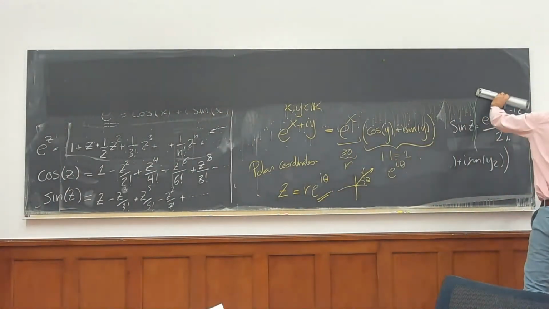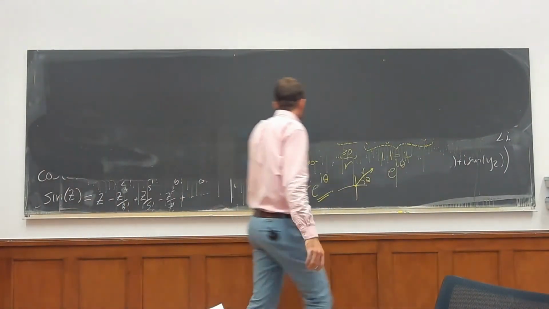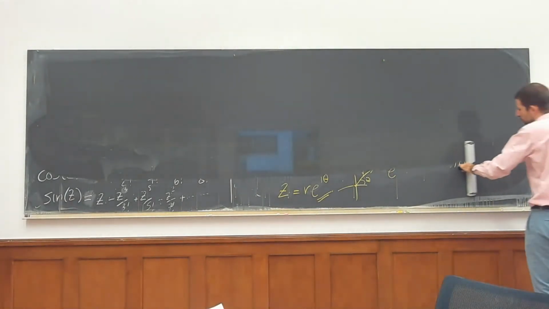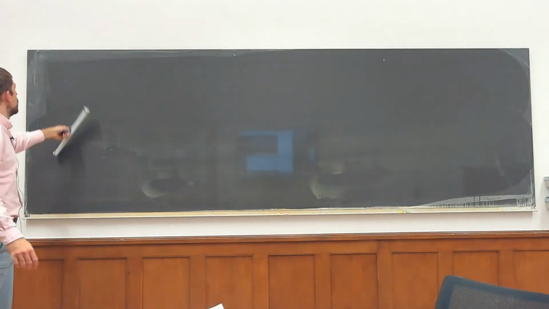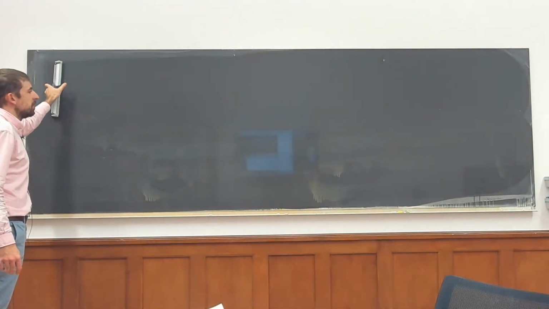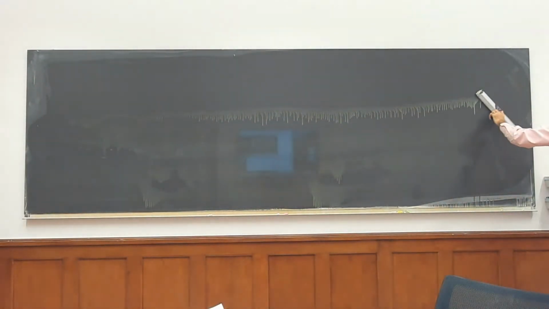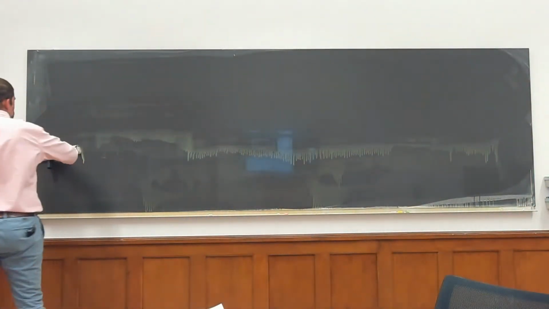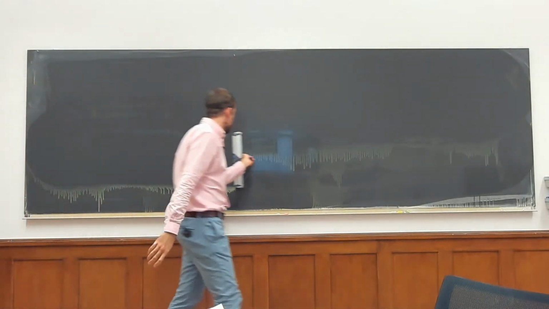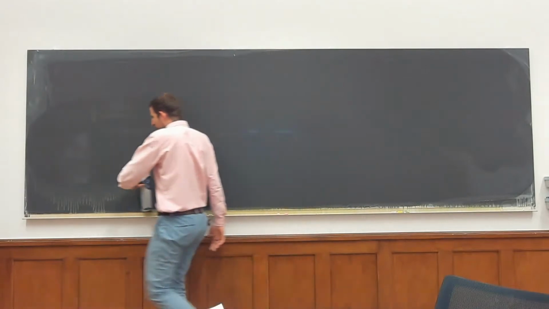Okay, so let's see. The roadmap is basically we finished this sort of calculus, or algebra, of complex numbers now. One thing that was asked in the forum too is that I haven't been very precise about whether I mean the function is differentiable at a point, or differentiable in the neighborhood of a point, or differentiable everywhere.